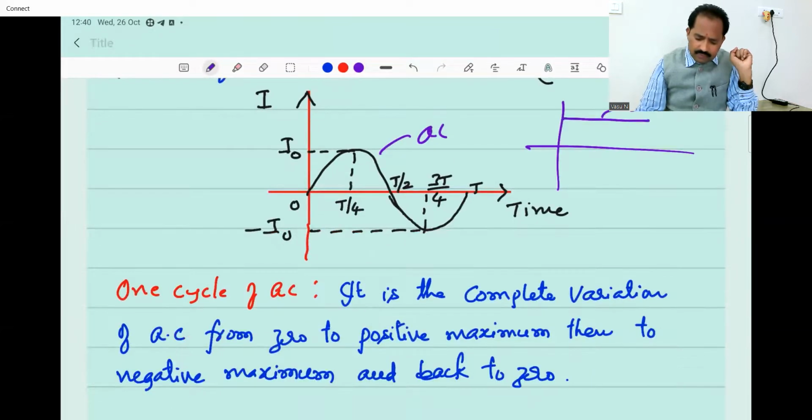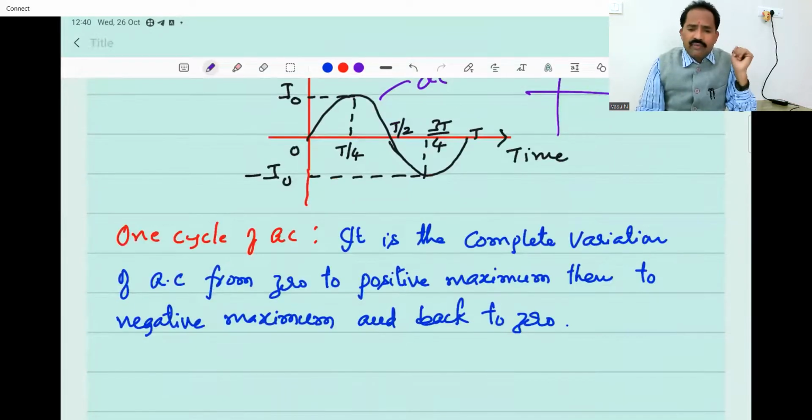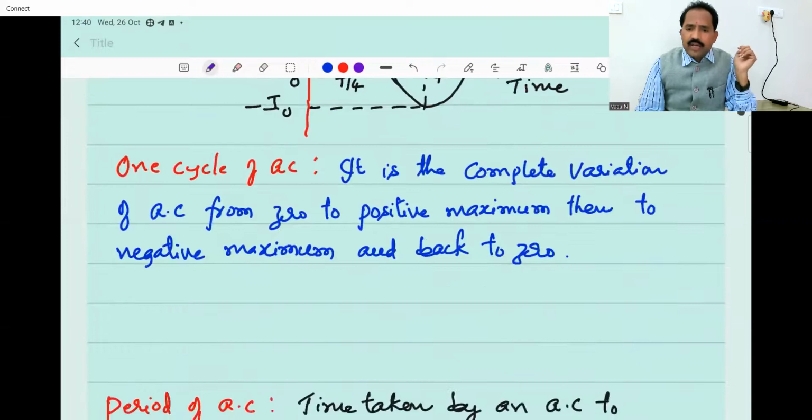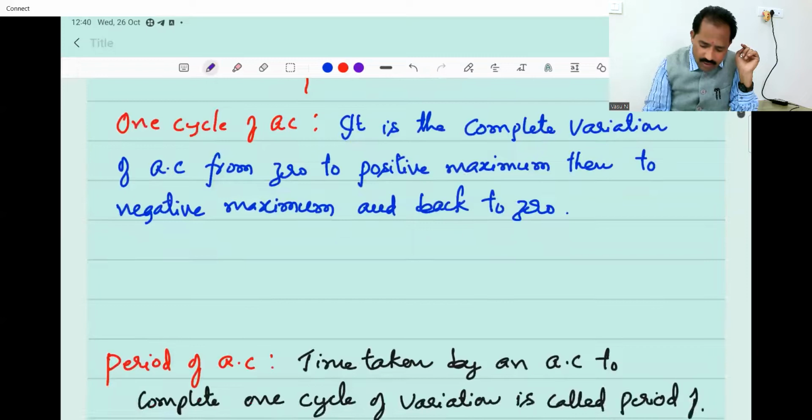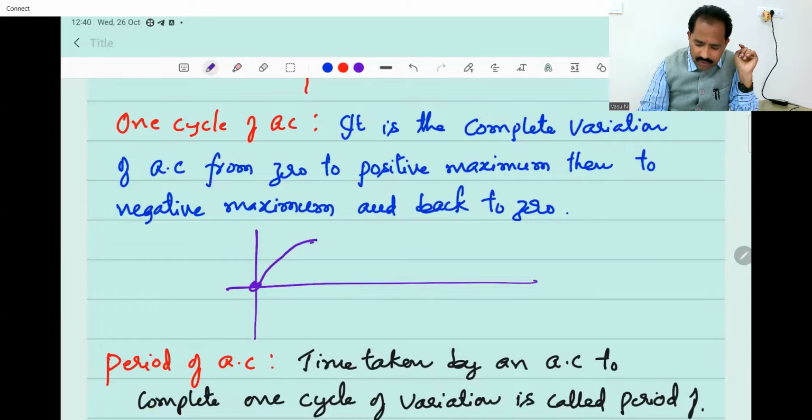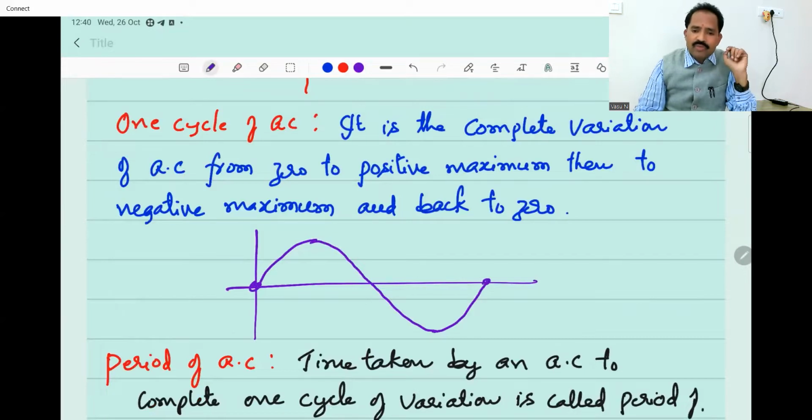Now, what is called one cycle of AC? It is a complete variation of AC from 0 to positive maximum, then to negative maximum, and back to 0. Look at this graph. Starting from 0, it attains maximum, then negative maximum, then comes back to 0. This kind of variation is called one cycle of variation.